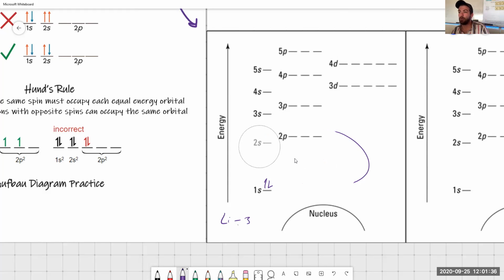Now, one other really important thing to know is that's called long form notation. When you write out everything, that's called long form notation. There is what's called short form notation, which is a shortcut of writing these long values. So we're going to get into that with this next one.